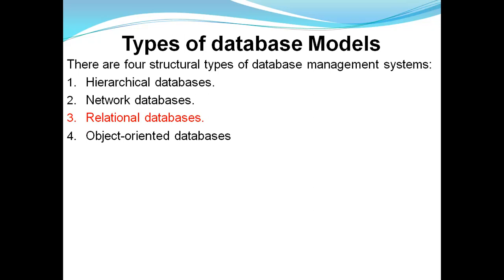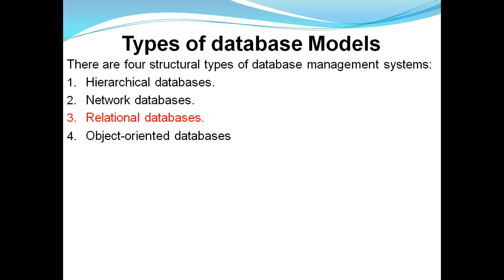Before going to the relational database, let's have a small idea about what the other databases are. First is called a hierarchical database. A hierarchical database is very simple; we can call it a tree structure.